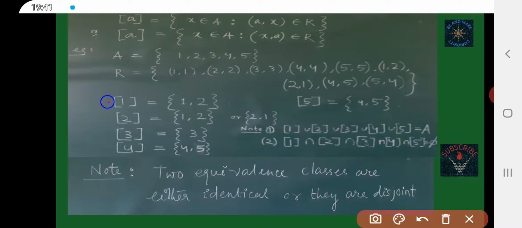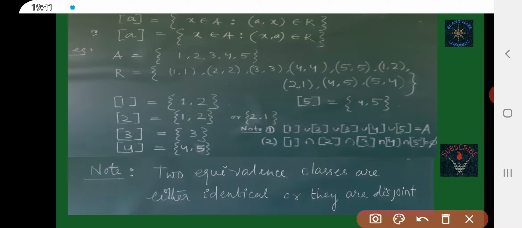So you see these two equivalence classes are identical. Identical or not? Yes. Now you see this equivalence class and this equivalence class are identical. Yes or no? Yes.